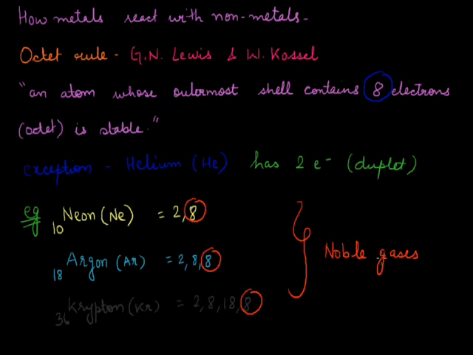Thus all noble gases contain 8 valence electrons except for helium, which contains 2 electrons in its outermost shell, and all the noble gases are stable. They do not usually form bonds with the other elements. Atoms combine with one another to achieve noble gas electron configuration and become stable. So every atom tries to be stable.